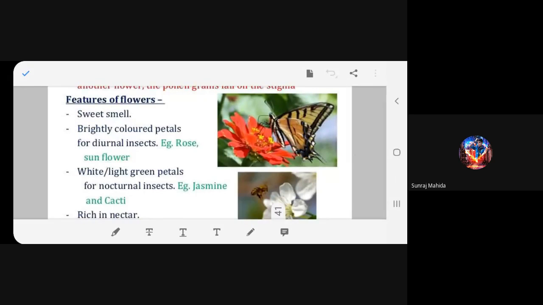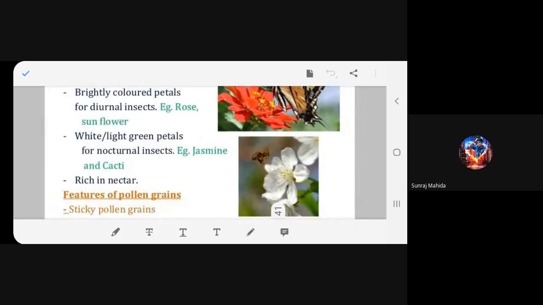And certain nocturnal insects are very active for pollination. These are jasmine and cacti, and the flowers are very light colored. Generally, they have white or light green petals. They are used at night time by the insects.